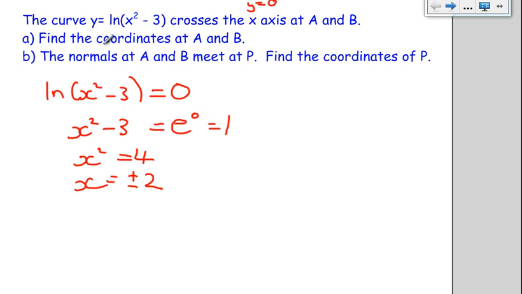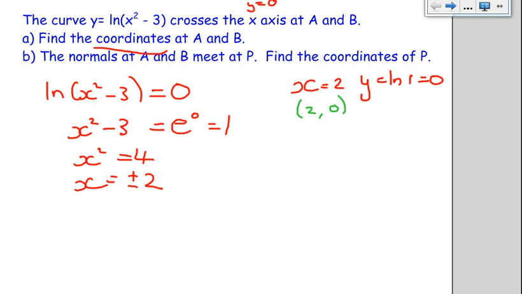We're asked in the question to find the coordinates of A and B. So we need to find the corresponding y values. So when x is equal to 2, y will be equal to ln of 2 squared, which is 4, minus 3. So 4 minus 3 is 1, but ln 1 is 0. So our first coordinate will be 2, 0.